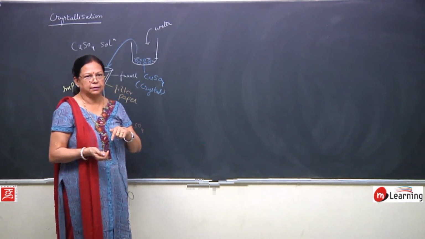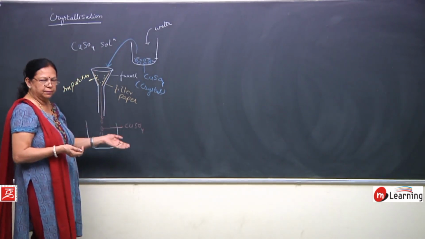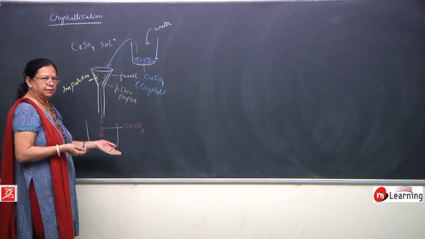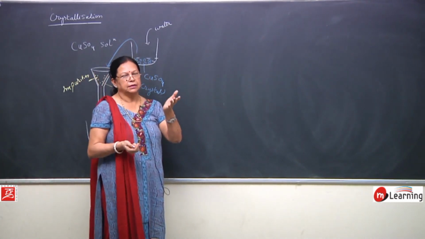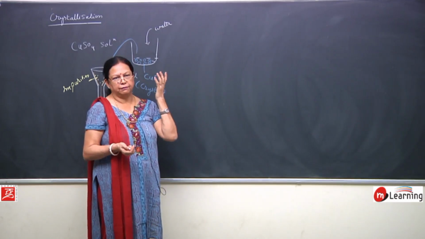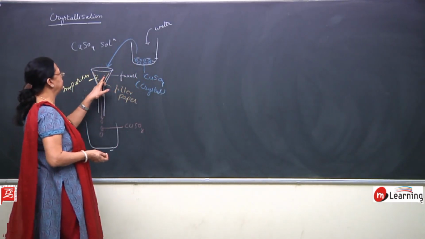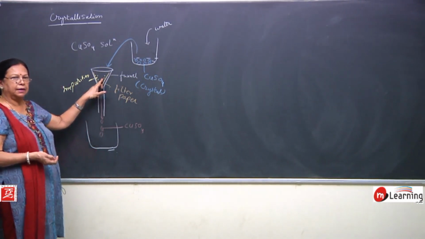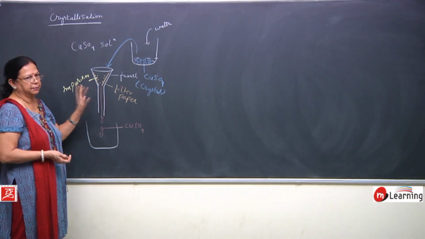Again you will filter the crystals of copper sulphate. Whatever is left down is the filtrate, and the copper sulphate crystals will be lying on the filter paper. And where have the impurities gone? We have separated the impurities by filtering through the filter paper.